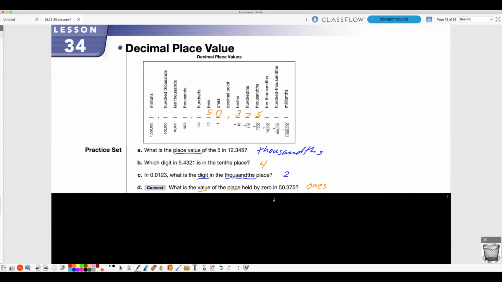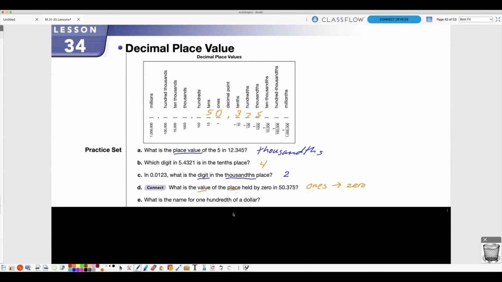It's held, and the value of it, if you would have answered 0, that would also be sort of correct, but it's asking this in an odd way. It's saying the value of the place. So technically, they're looking for the place value of the place that 0 is in.